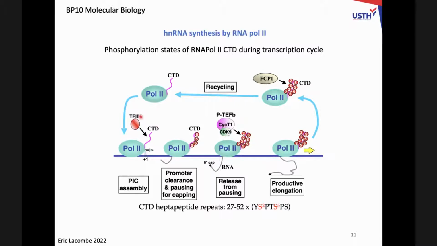One last event is that there is a general transcription factor named TFIIH. And this transcription factor carries 2 enzymatic activities. It is a kinase, so it is able to phosphorylate the C-terminal domain of Pol2, and it also contains a helicase activity. Do you know what that is?